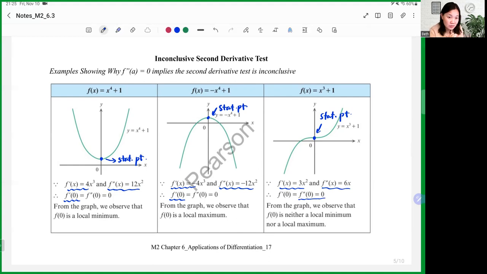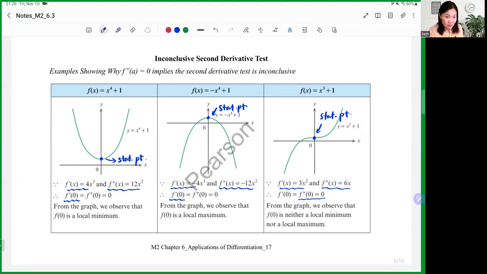I think what I'm trying to say is that while we can get a definite answer if the second derivative is positive or negative, that means minimum and maximum respectively, sometimes the second derivative test can fail when we get a 0 answer. In this case, in this case, and in this case.